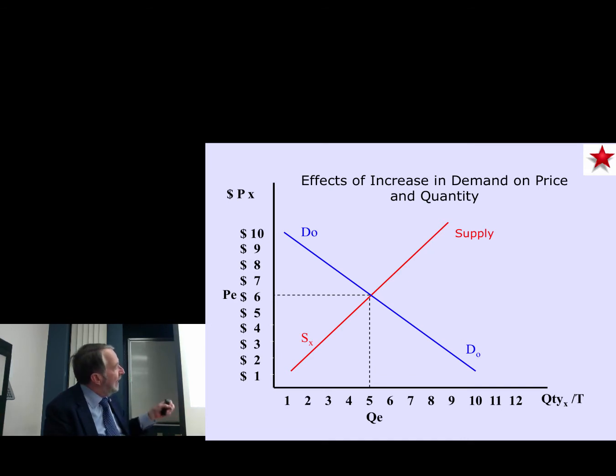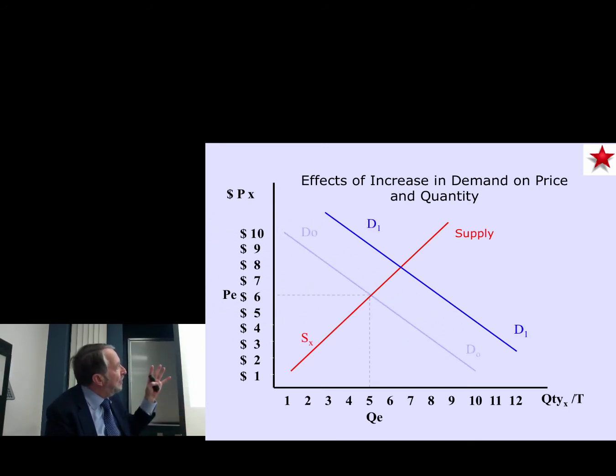Well, it's obvious. Demand is currently pulling forth this rate of production. And interacting with the sellers, it's bringing the price to $6 a piece. An increased demand would be a rightward shift. We can see then that price would tend to go up, and the quantity being exchanged would tend to increase as a result of doing that.